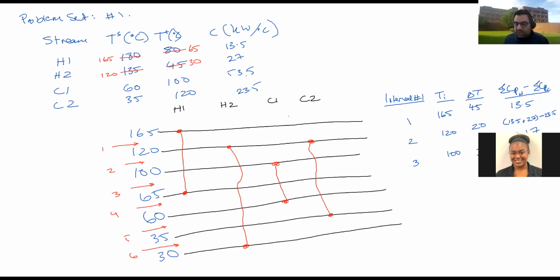I have H1 plus H2, 13.5 plus 27, minus my summation of cold streams, which is 53.5 plus 23.5. If I do this addition, 13.5 plus 27 minus 53.5 minus 23.5, I'm going to get minus 36.5.